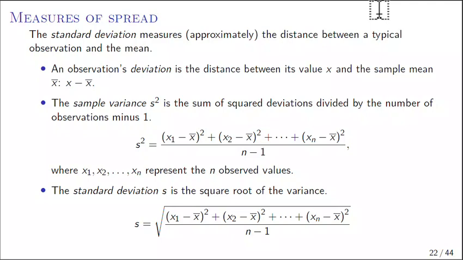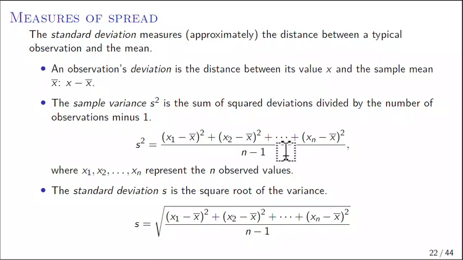The idea is very straightforward. We have the center as the mean, x bar. Now we subtract the mean from each of the observations, x1, x2, up to xn. We square these deviations, add them together, and then divide by n minus 1.